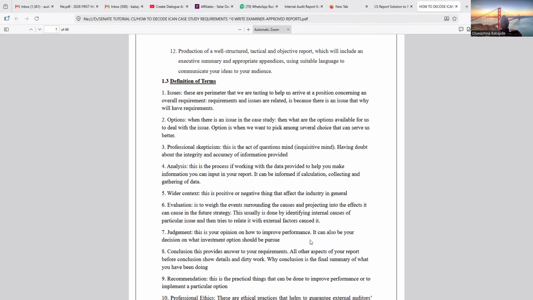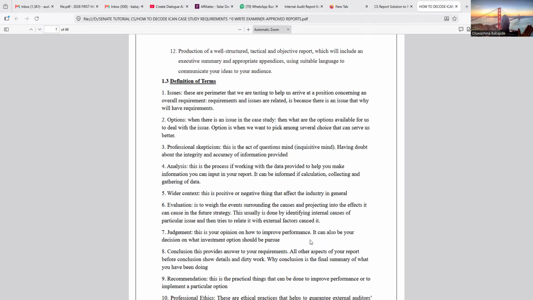The decision of the manager could also be an issue when they don't take the right decision. Then the examiner will ask you how they will treat that particular issue. So you see, from issue to requirement, because there is an issue, that's why the examiner could test the requirement. There is always an issue in the case study, so you will identify it.